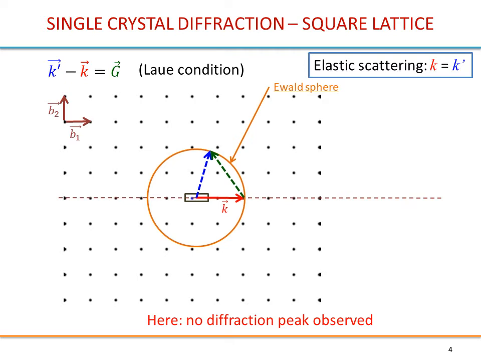What happens is that the reciprocal lattice will be rotated. We'll see that next. Let's first name a few points here.